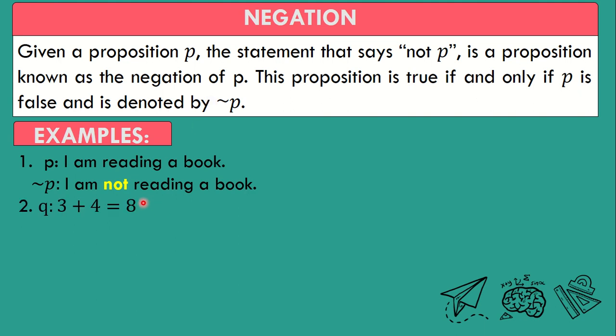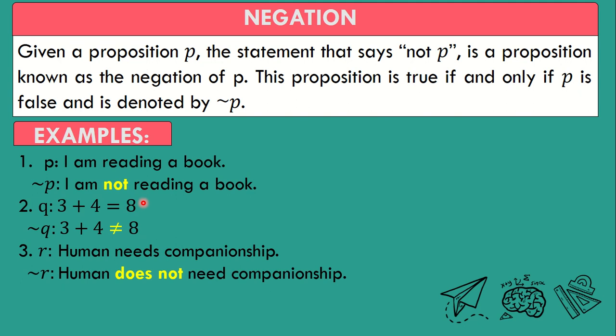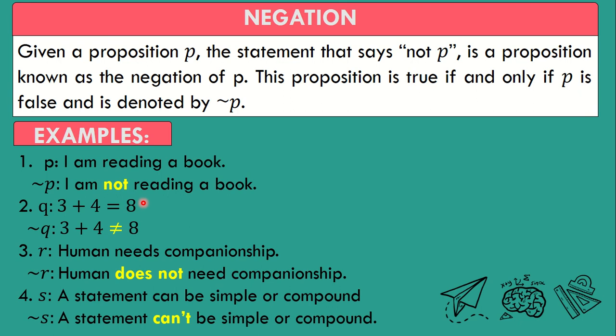What's the negation of that? 3 plus 4 is not equal to 8. Next one, human needs companionship. Human does not need companionship. Another one, a statement can be simple or compound. A statement cannot be simple or compound.